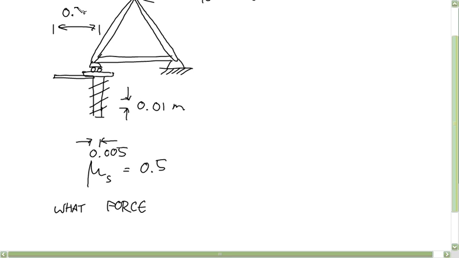Let's say 0.4 meters. What's the minimum force you can apply to that lever to lift the side of this structure?